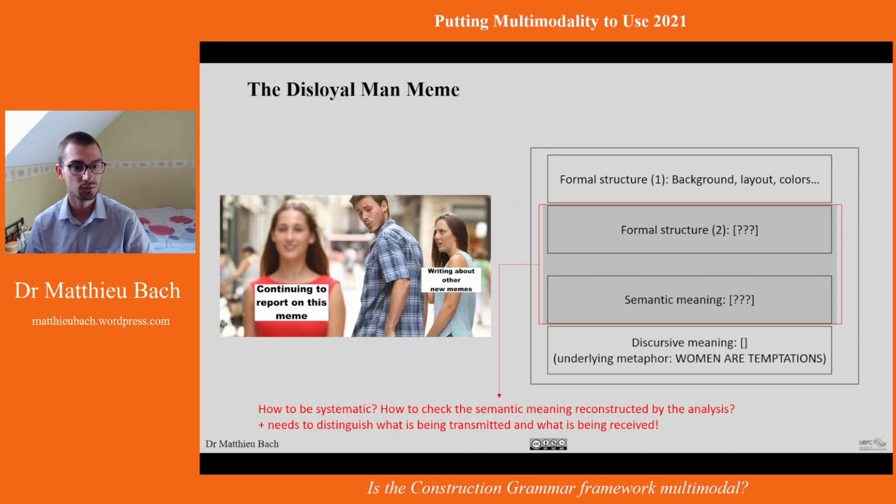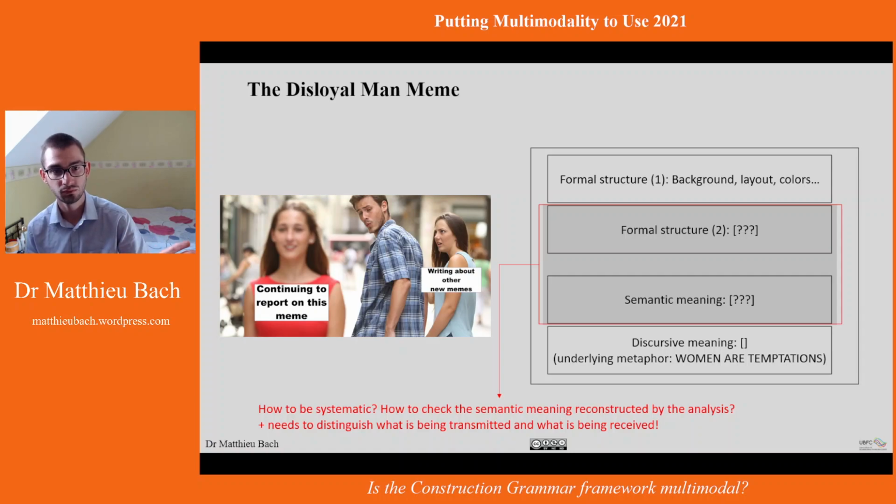And my question is how to be systematic, how to check the semantic meaning reconstructed by the analysis, because when you generate this meme you want to say something, but when someone else analyzes the meme, maybe he or she understands the meme in another way, and it could be again different from the perspective of someone who is not a linguist.